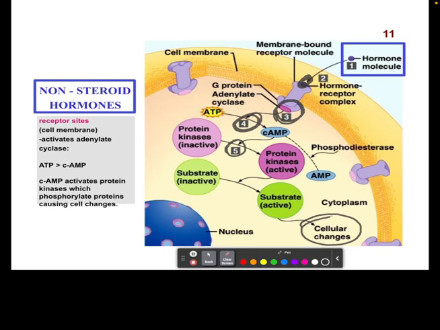What I want you to understand before we even look at any of these words is just the idea that when a non-steroid hormone binds to its receptor, it is going to trigger a cascading effect, which is going to cause certain enzymes or substances within the cell to change, which then cause something else to change, which cause something else to change, and this can continue on for quite some time until eventually you get your goal, which is a cellular change. Okay? So in other words, it's just a step-by-step domino effect.